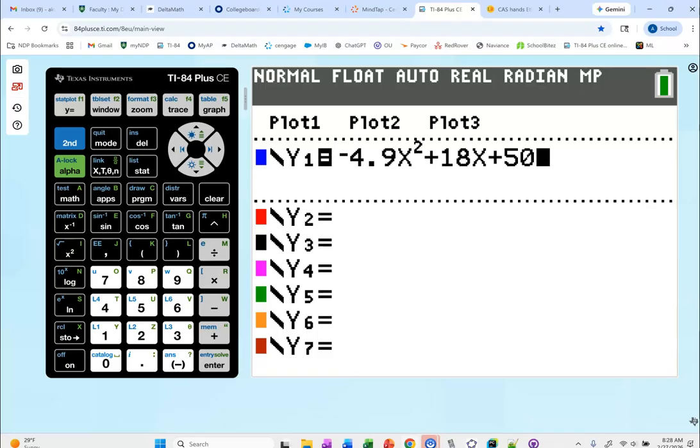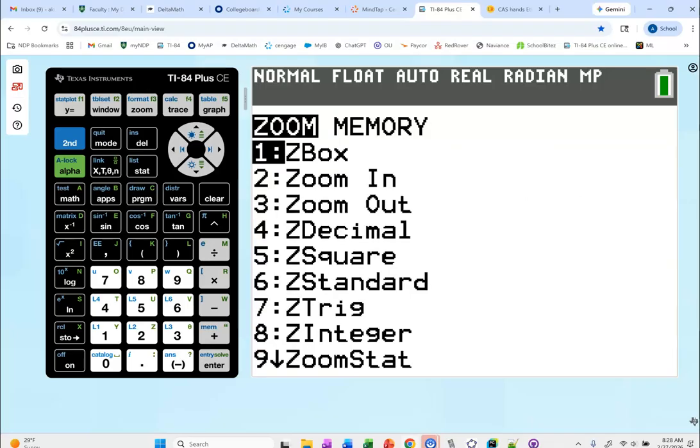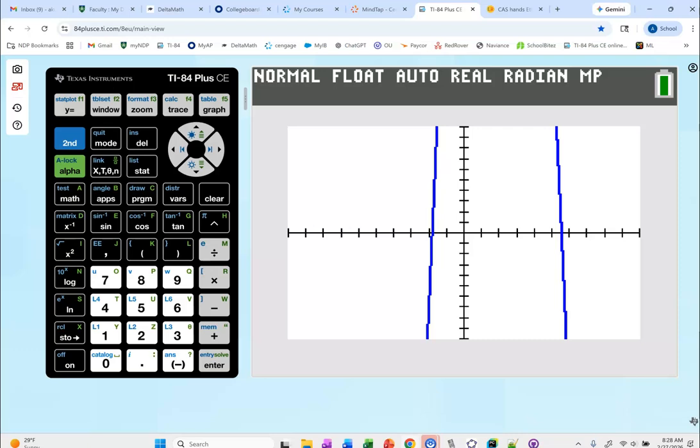So there we go. Now I'm just going to graph this using zoom standard and take a look. Which x-intercept am I interested in? Because I see 2 of them. The one on the left or the one on the right?